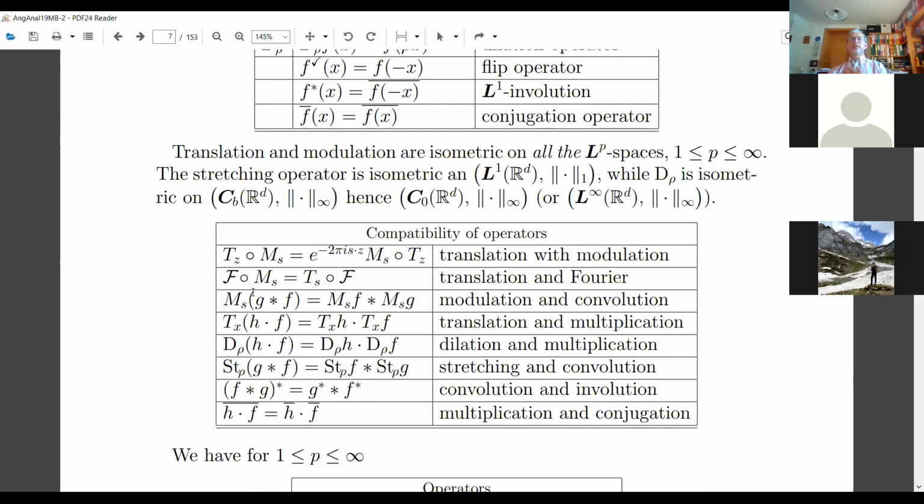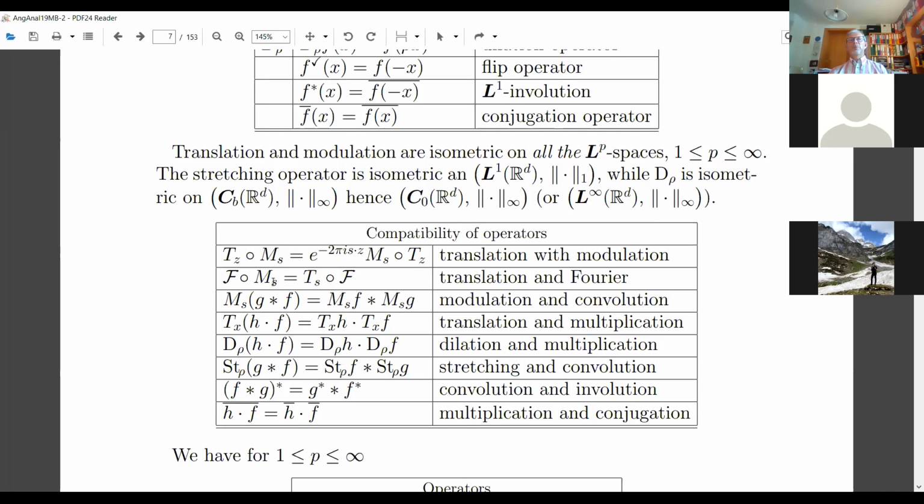But formula number 2 is something that you probably have seen. It says that if somebody applies the modulation operator to some function, so think of a sequence which represents a sound signal, and we modulate it with a pure frequency, and then take the Fourier transform, what you will see is that you get a shift by exactly the parameter s.